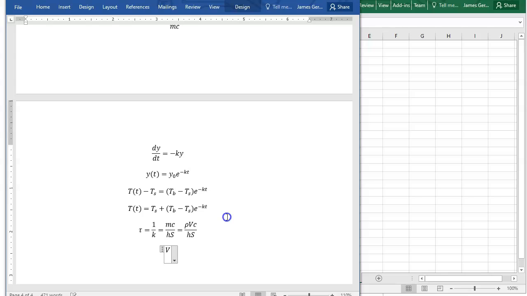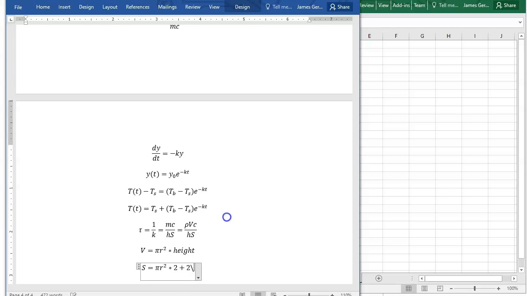The volume of a cylinder is pi times the radius of the cylinder squared times the height. That's the volume of a cylinder. What's the surface area of a cylinder? The surface area of a cylinder is pi r squared times 2, so that's the surface of both end caps, right?